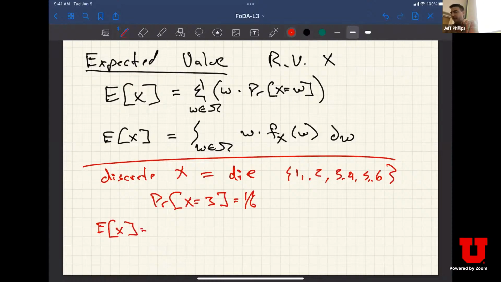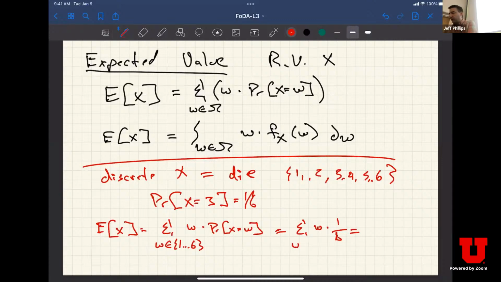It's going to be the sum over omega from 1 up to 6 of the value of omega times the probability that X is equal to omega. And this is going to be equal to the sum of omega times 1/6. It's 1/6 for all of these.